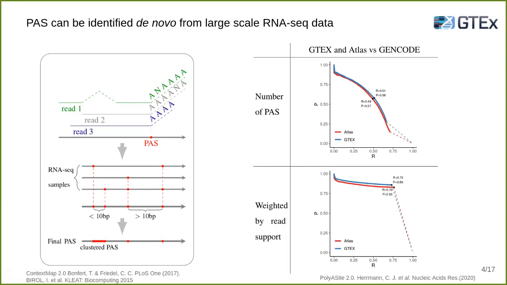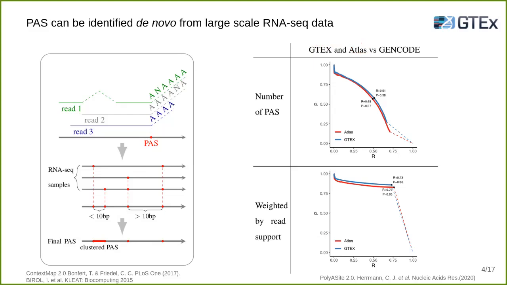We picked the RNA sequencing dataset from Genotype-Tissue Expression project, and as a result, we got 300,000 polyadenylation sites. To verify our site set, we compared it to PolyASite consolidated atlas, which was gathered from publicly available 3' sequencing datasets by the group of Professor Zavolan.